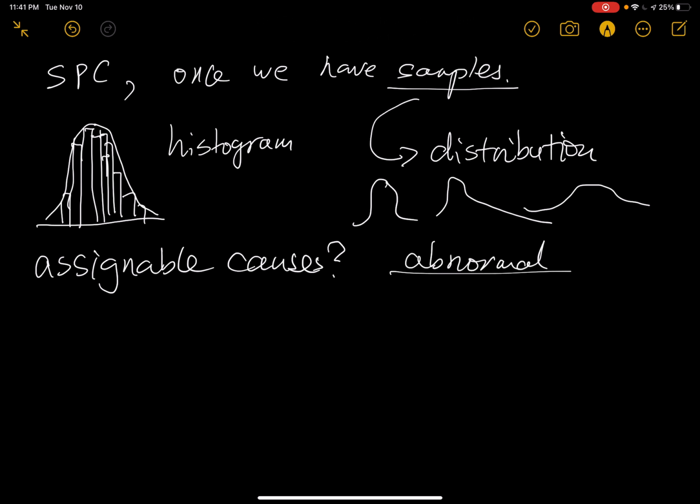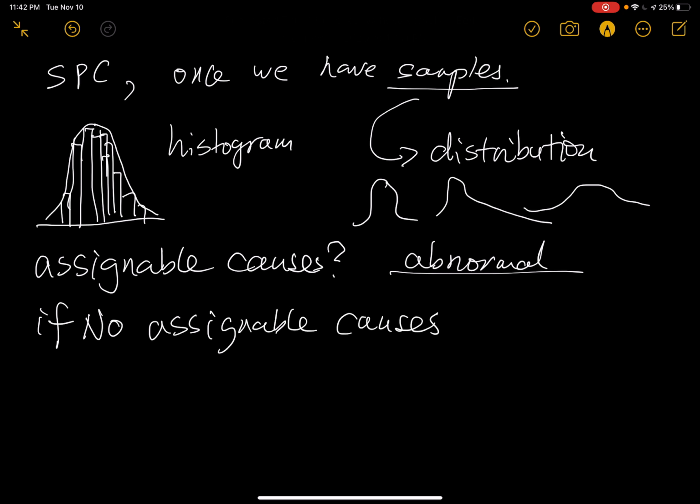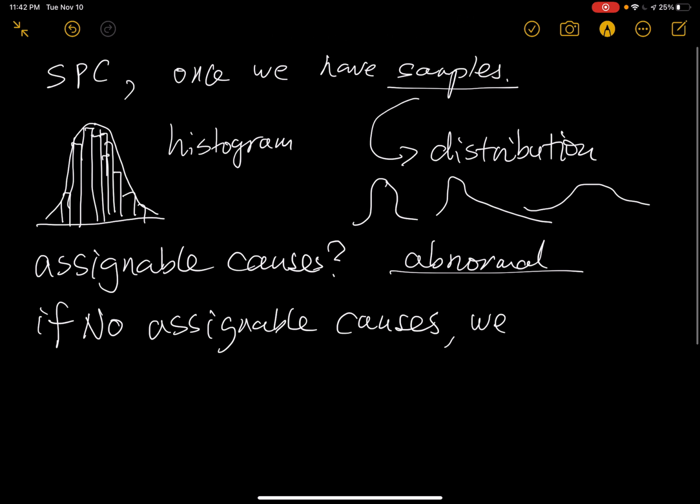If there are no assignable causes, we can assume a normal distribution.